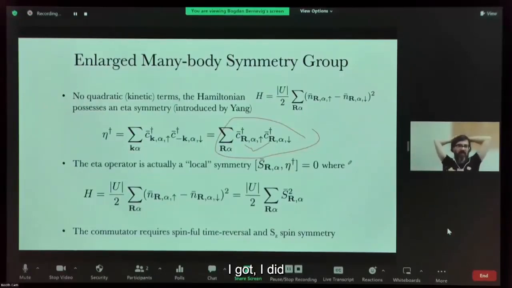So if I wanted a D-wave pairing, I would have a nearest neighbor, and then I would need to write this beta operator, and if I want an exact pair, I need to find a Hamiltonian with which it commutes. But this is all for S-wave pairing.